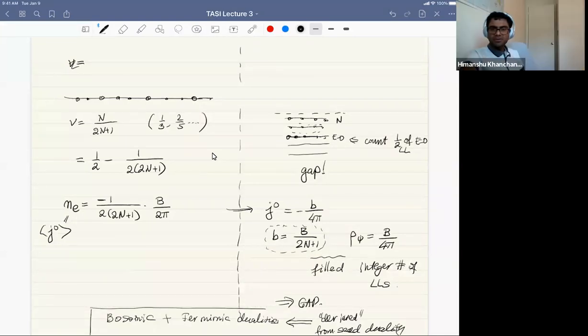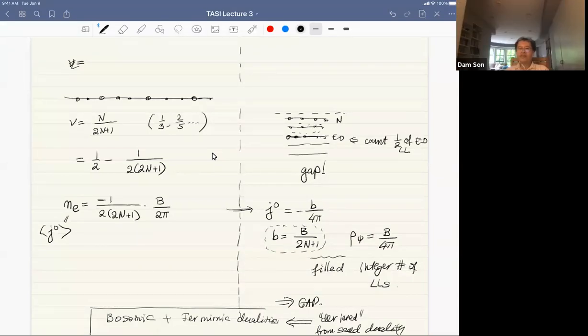Can you explain again how this thing is gapped? I didn't quite understand why having a non-zero value for little b implies that there is a gap. So a non-zero value for little b means that the states are discrete. If we have a finite chemical potential that lies between two Landau levels, all the states with energy less than the chemical potential are filled.